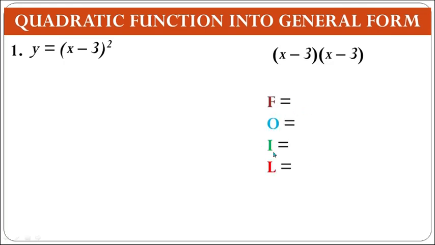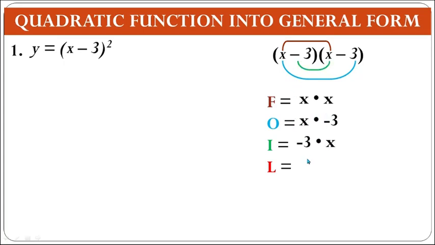F is first term, the variables, x times x. O is outer, so x times negative 3. Take note, the operation before the number is the sign it carries. I is inner, negative 3 times x, and L is last, negative 3 times negative 3.